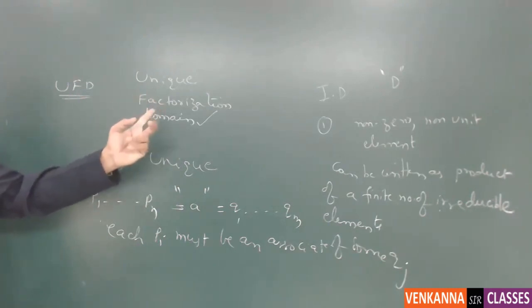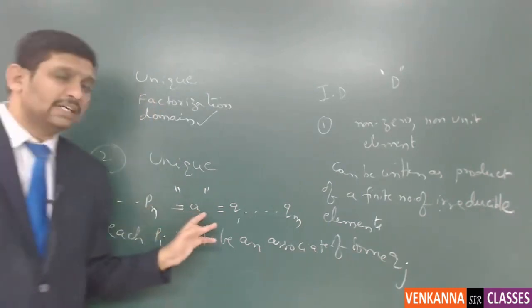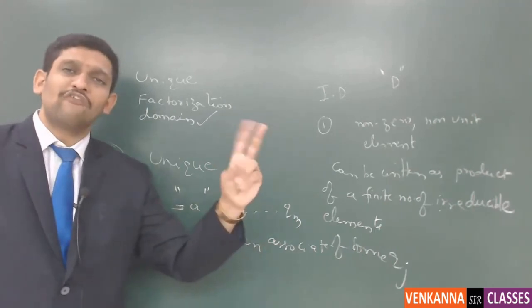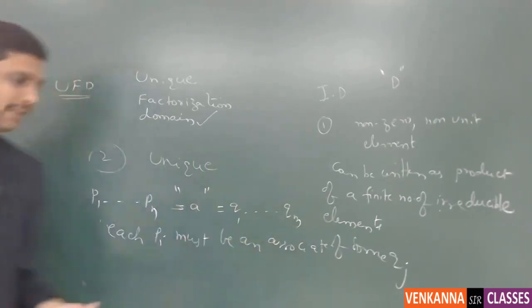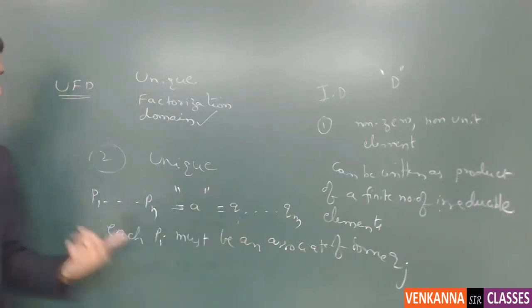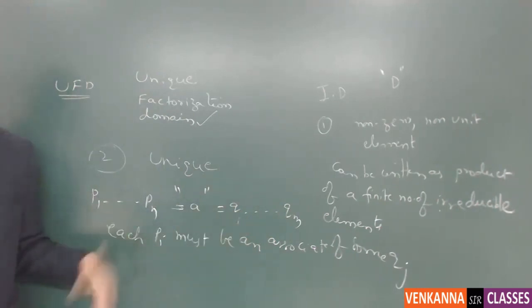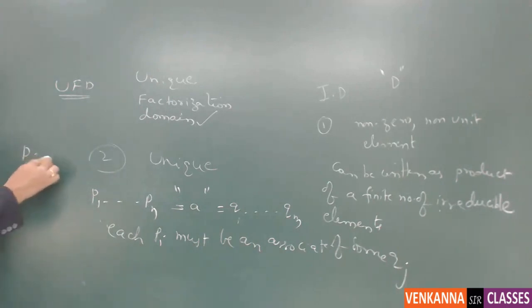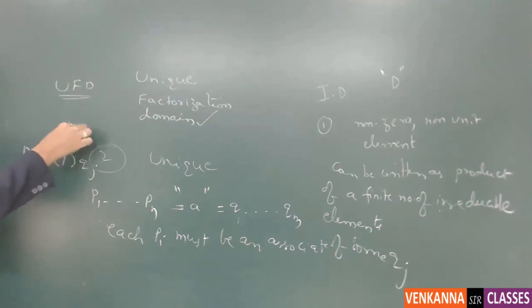So what does this mean? Whenever an element has two types of factorizations available, then on this side each value is an associate of some element here. So each Pi is equal to a multiple of some Qj, where this multiplier is a unit.